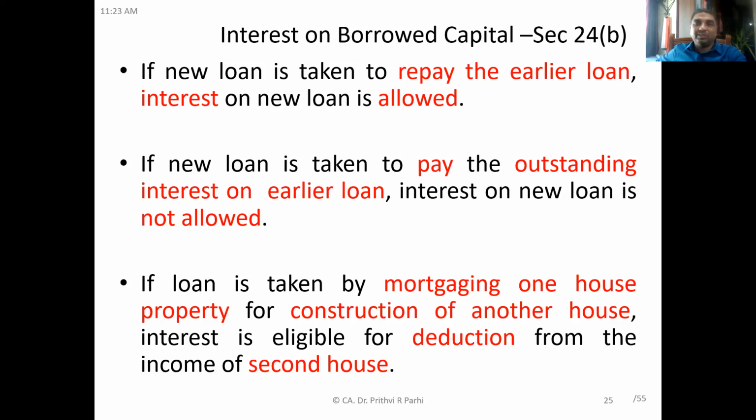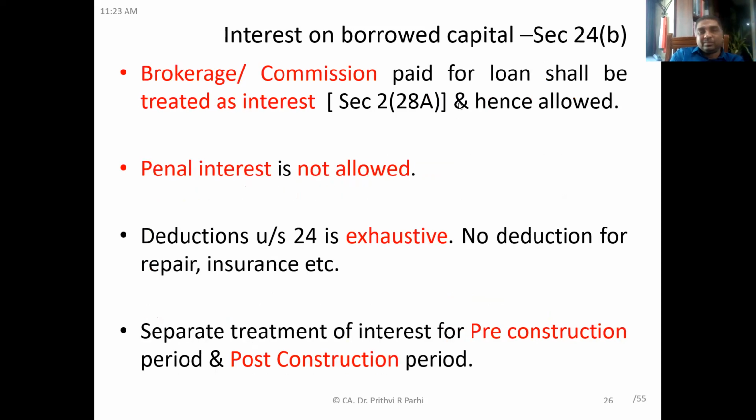This house is mortgaged, that's a different thing. But a new house is constructed for which the loan has been taken, and on its annual value, this loan interest paid shall be deducted. Are you getting it? Yes, sir.